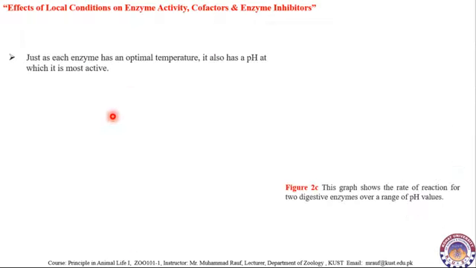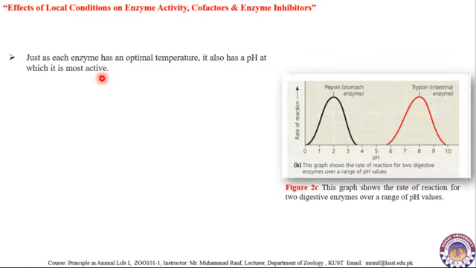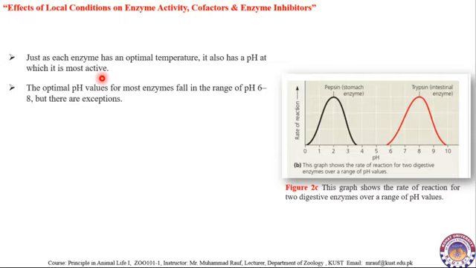Just as each enzyme has an optimal temperature, it also has a pH at which it is most active. The optimal pH values for most enzymes fall in a range of 6 to 8, but there are exceptions.